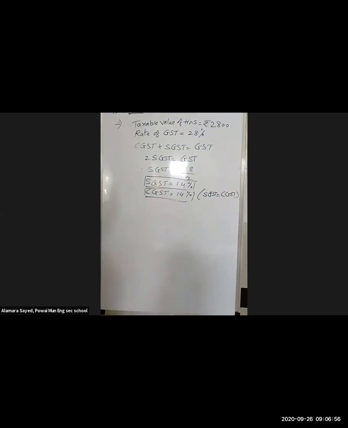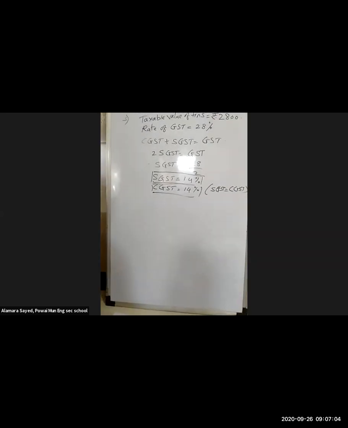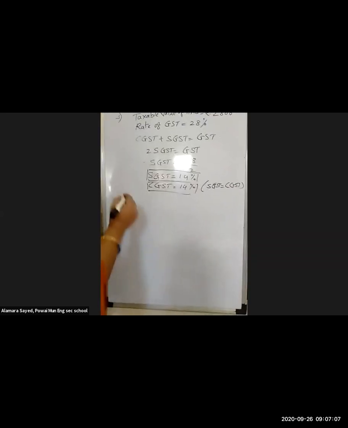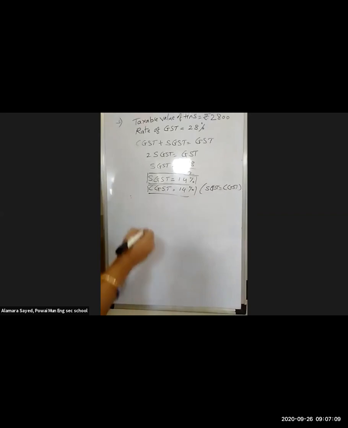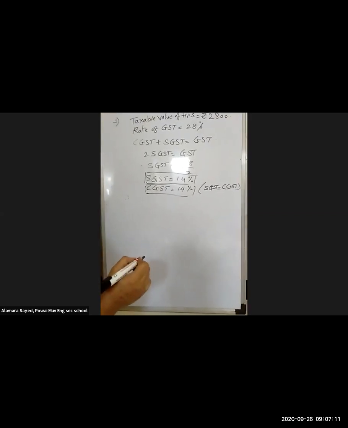So we have done two things here. Now what we have to find is the values. So first, taxable value of only 1 tin is given there. We have to find value of 2 tins.